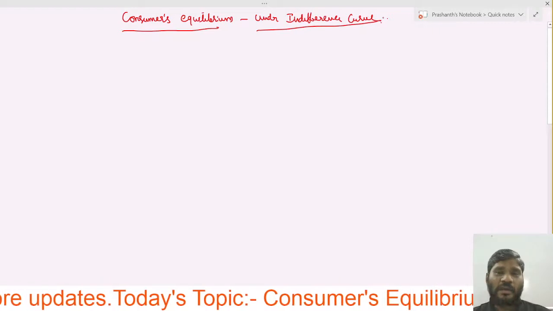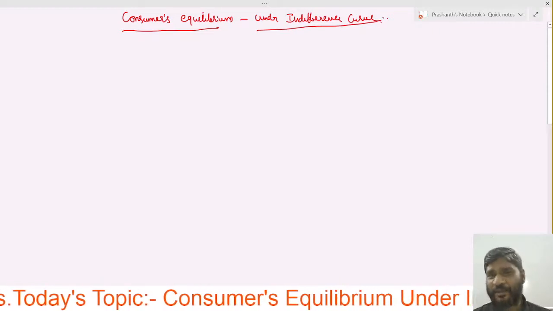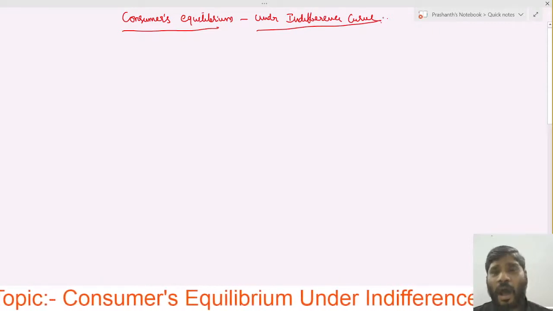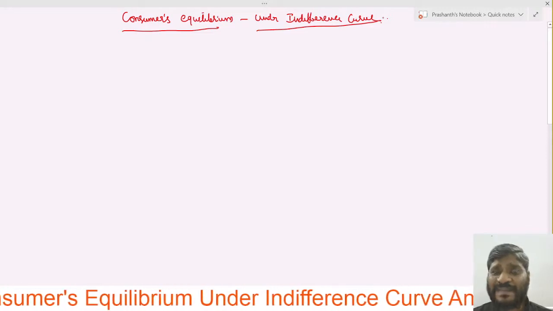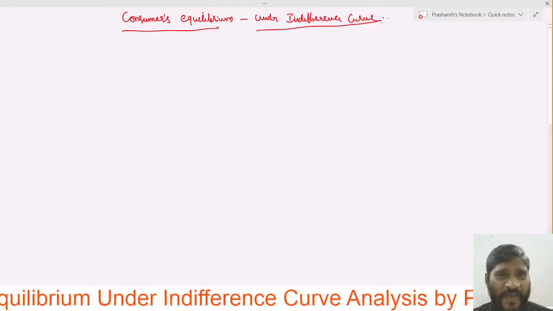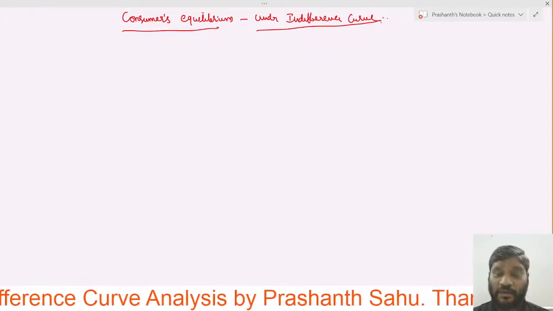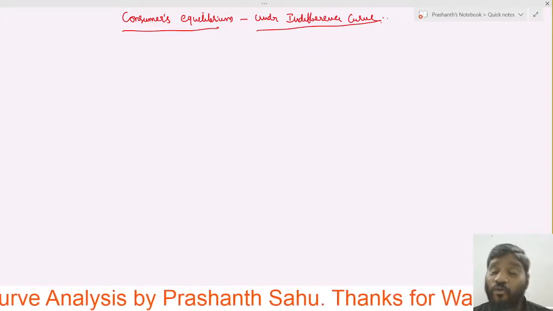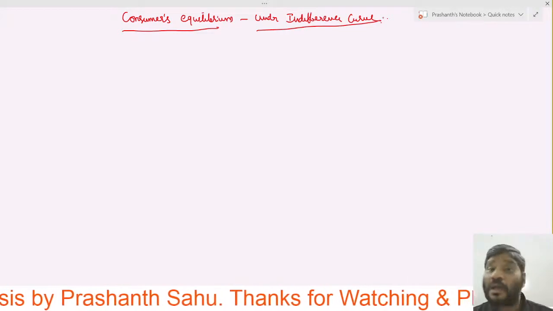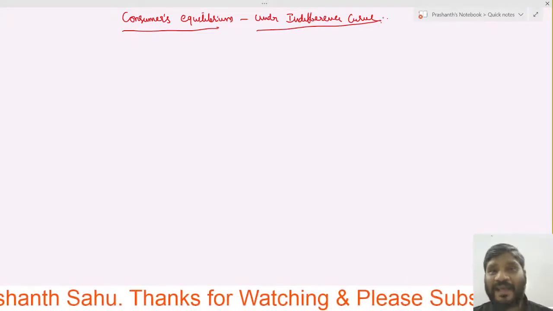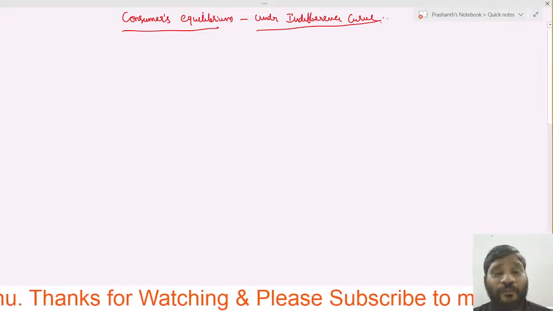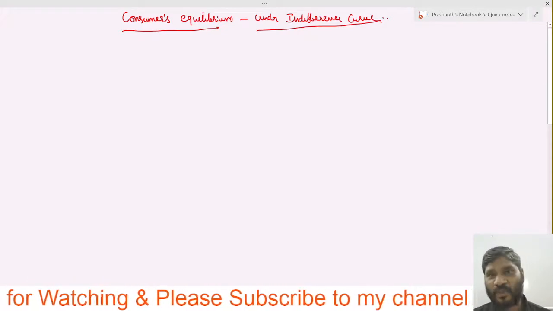Consumer's equilibrium means how a consumer is getting full satisfaction with the help of two or more goods, that we used to analyze with the help of the indifference curve.